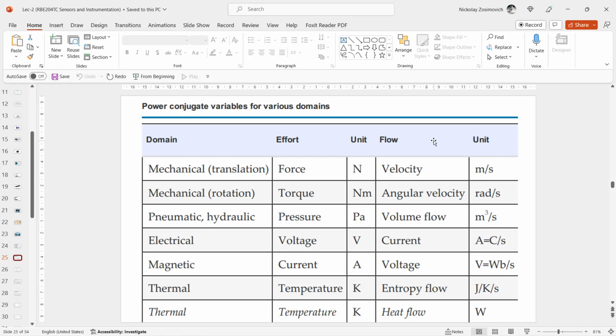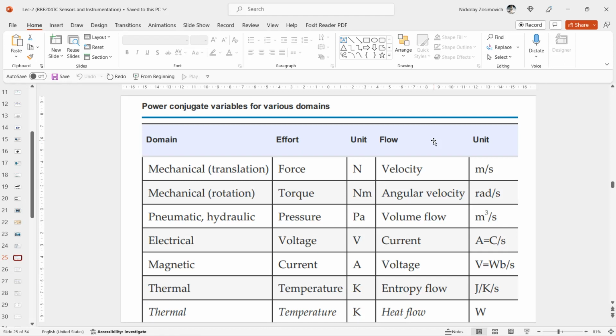However, this is just a matter of viewpoint. It is preferable to call them generalized forces and displacements. We will use these types of variables a bit later, right? Okay. Various relations between quantities are discussed.